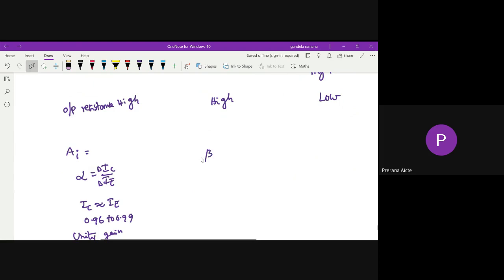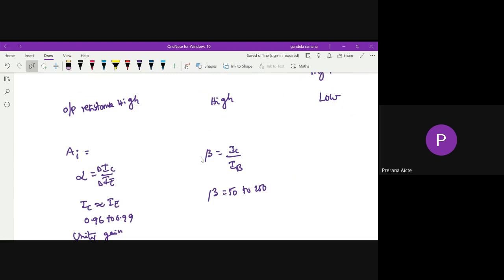In CE configuration, beta is equal to IC by IB. IC is in milliamperes, IB in microamperes. So high value by low value gives a high value. Already you know very well, beta varies from 50 to 250.